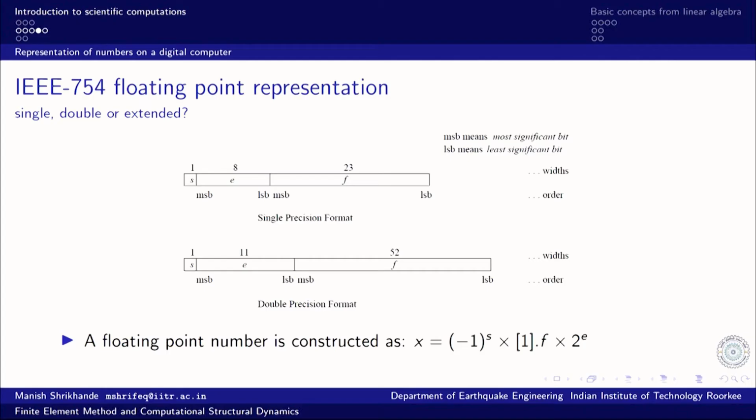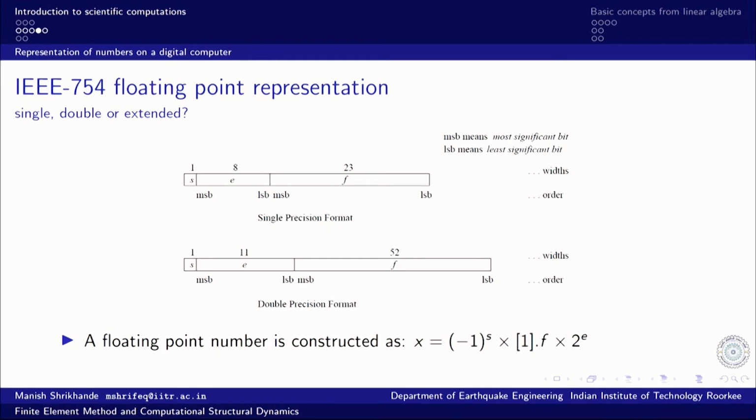Remember, I talked about shifting the zero line, shifting of origin. That kind of representation is used for the exponent field, which allows us to have negative exponents as well as positive exponents. So, we can have very large numbers as well as very small numbers.